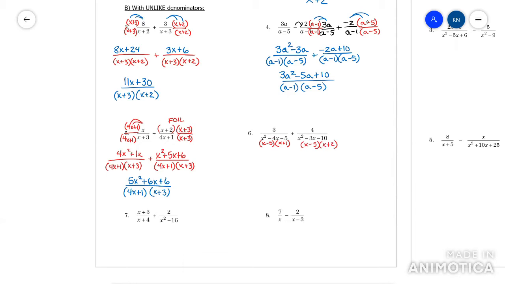All right, so they both have x minus 5s already. That means in terms of common denominator, it's going to be x minus 5, x plus 1, x plus 2. I hope I didn't lose you there.